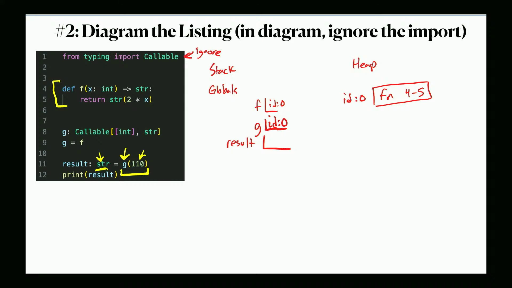So now we need to set up a new frame for this function call. So we set up our frame. And here is where things get a little bit interesting. So if we set up our frame and name it g, that's fine in this context. We know what we're talking about.